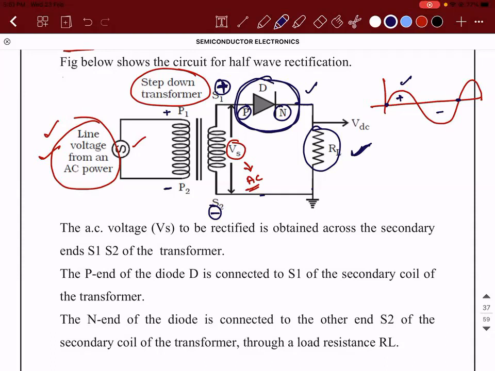Will it appear or not appear? See, forward bias is a conductor. When it is a conductor, will you be able to see an output across the load resistance or not? Means if I keep a small LED bulb here, will that glow or not? Tell me. Yes, sir. It will glow. Right, because it is acting as a conductor.